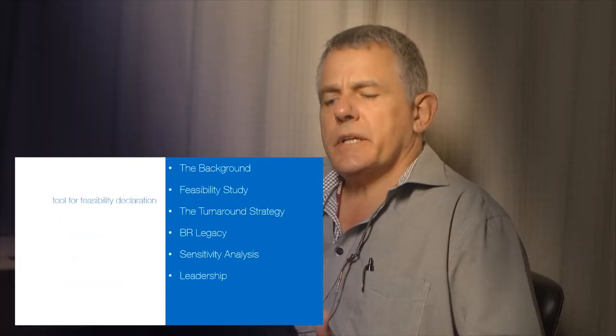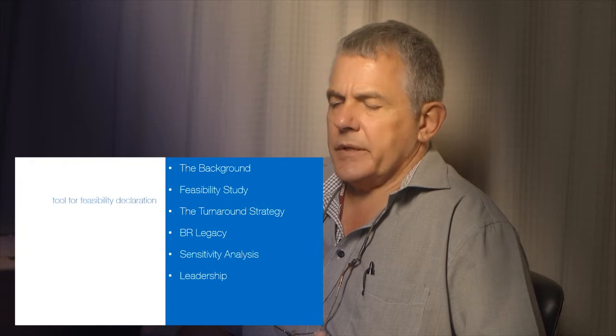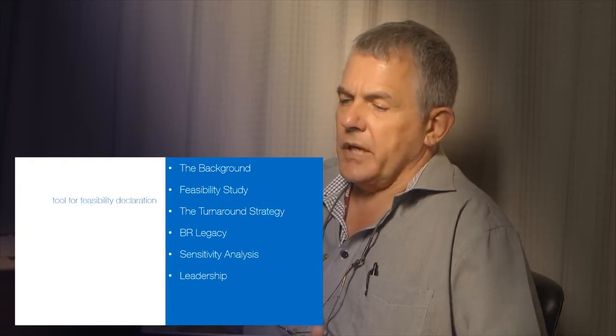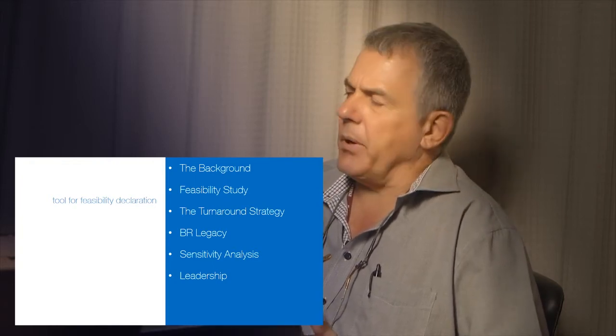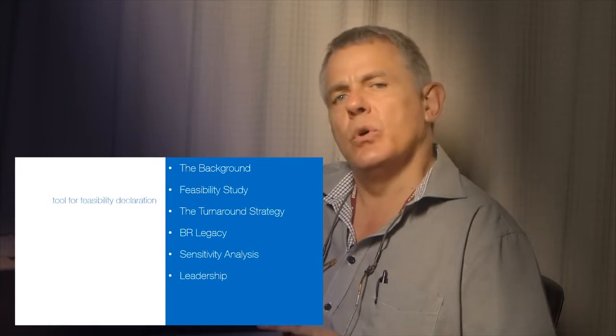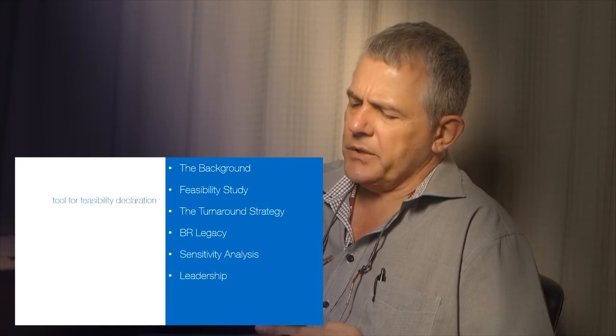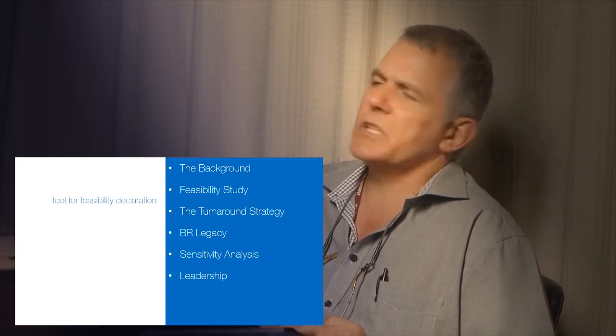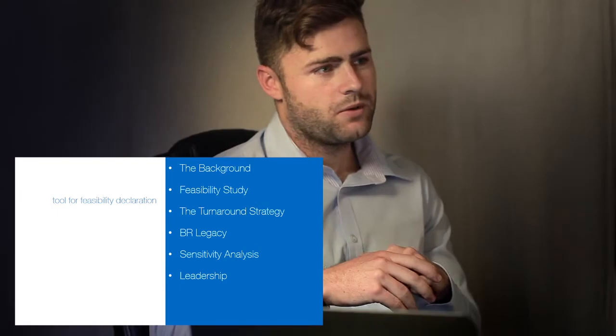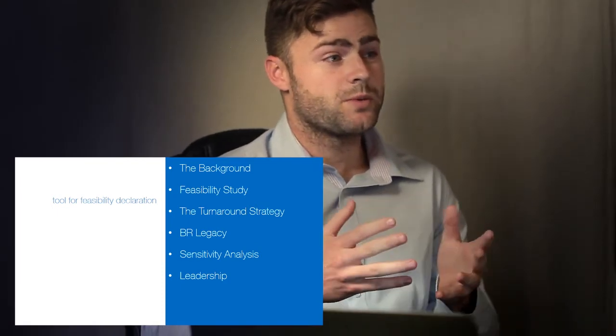Okay, so let's take them one by one, because when you mentioned the elements, I thought the feasibility declaration is now a new word in all the presentations. Is there any way to maybe explore that to the terminology that we generally use? Feasibility declaration has got to do with reasonable prospect.